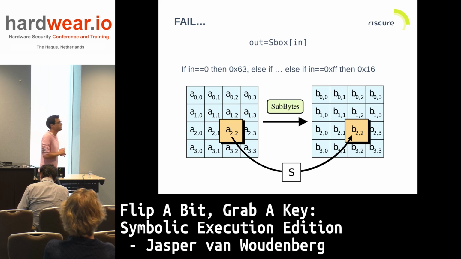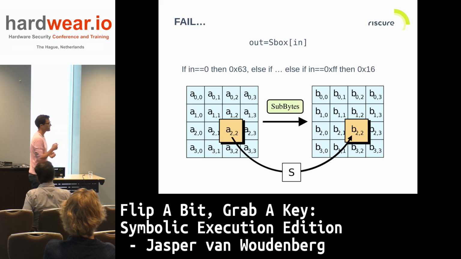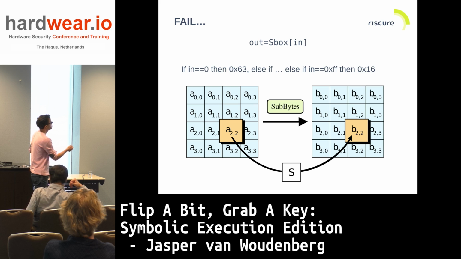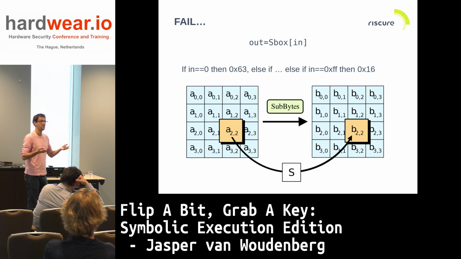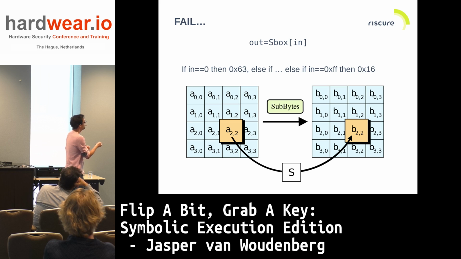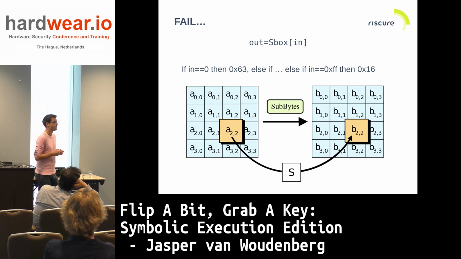One of the things that symbolic solvers really choke on are these kinds of expressions, and I'll explain why. In this case, imagine that the input value is a symbolic variable, so the solver doesn't know what it is. So how do you implement a lookup table in memory? Well, it becomes an expression that says if the input is 0, then the output is 63.